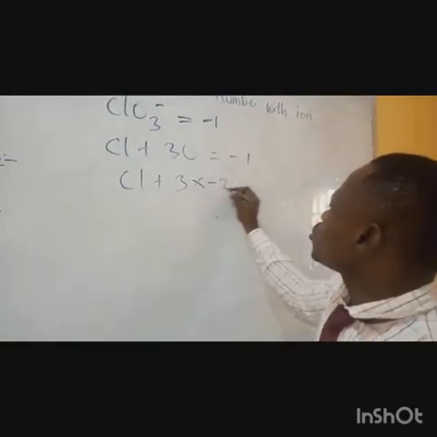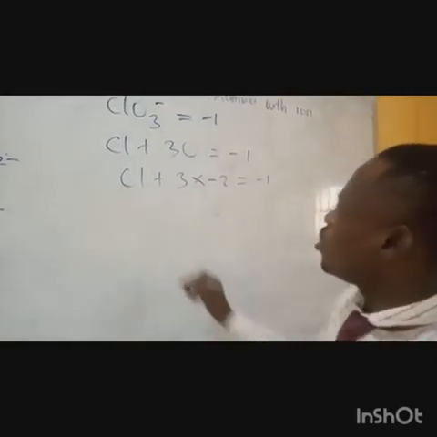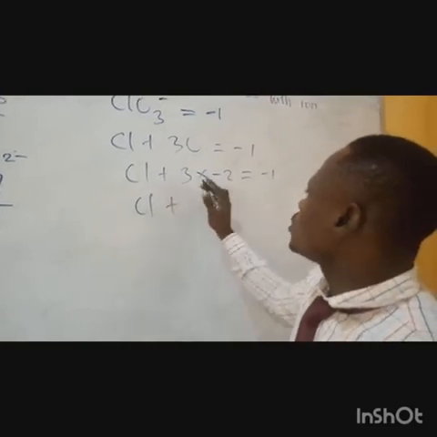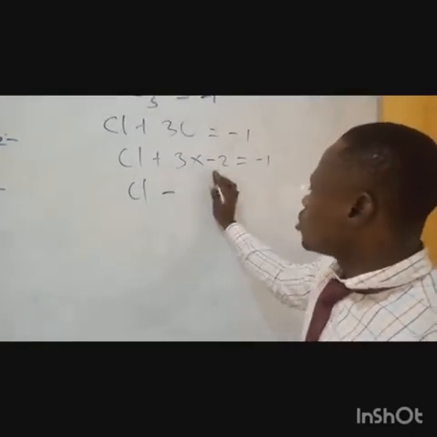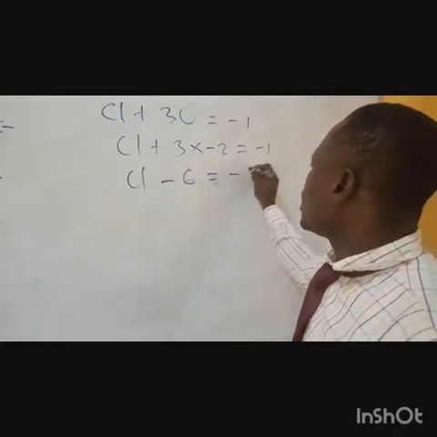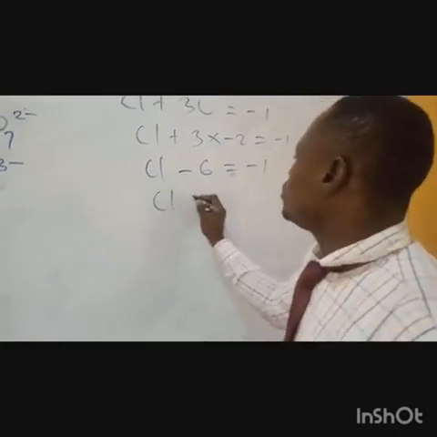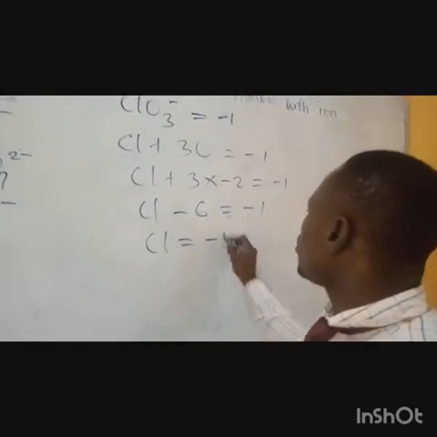So we have 3 oxygen, and the sum is equal to -1. Cl plus 3 times -2 is equal to -1. We have Cl plus -6 equals -1.